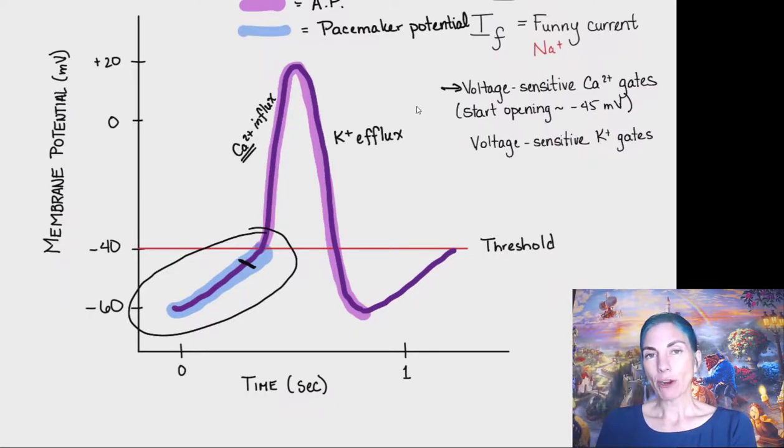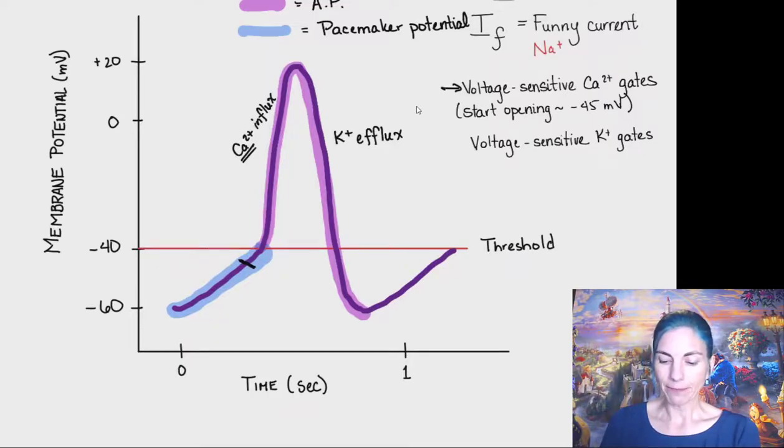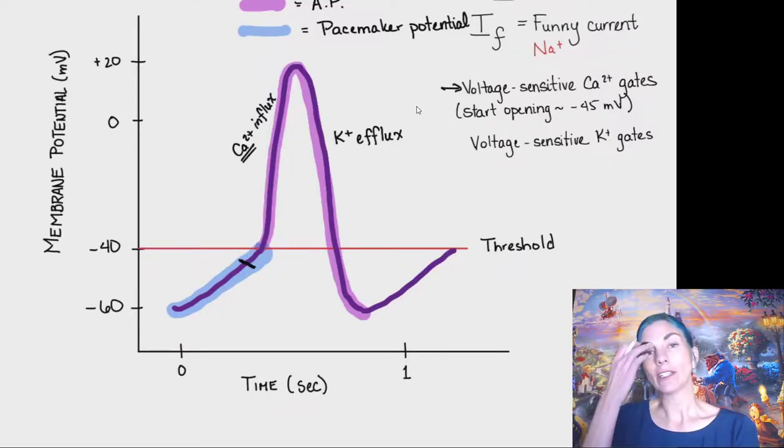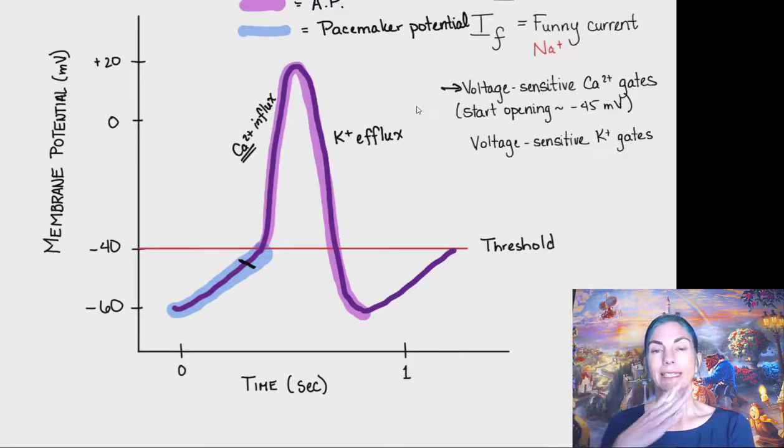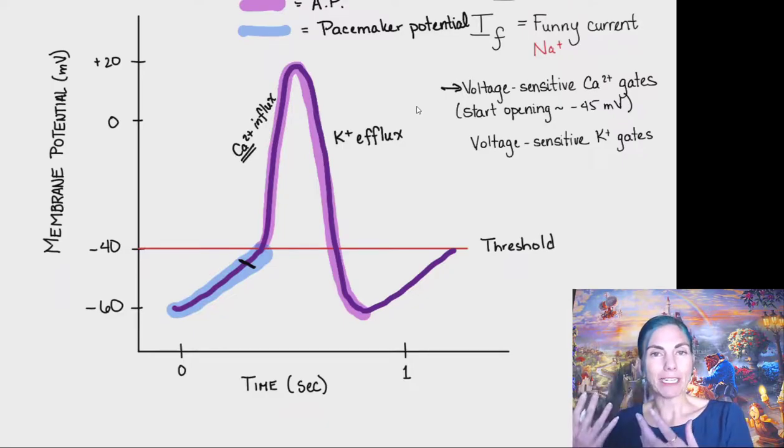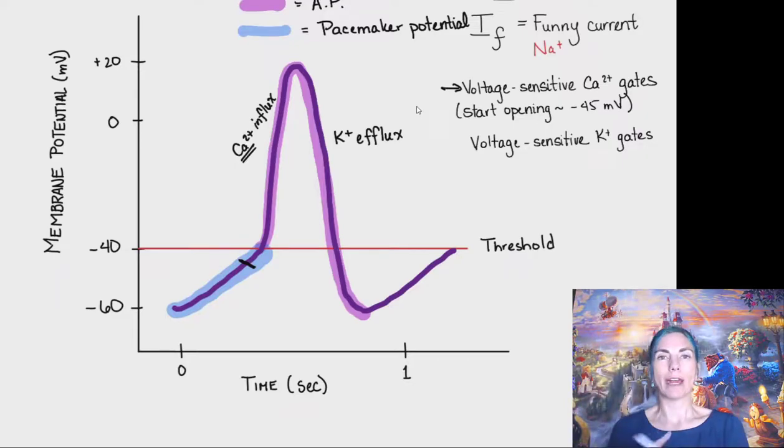So the pacemaker potential is largely dictated by the funny gates. So the funny gates are going to let sodium in. Now sodium is going to cause depolarization. How we've learned about sodium depolarization so far is it's very rapid, right? It just shoots straight up.